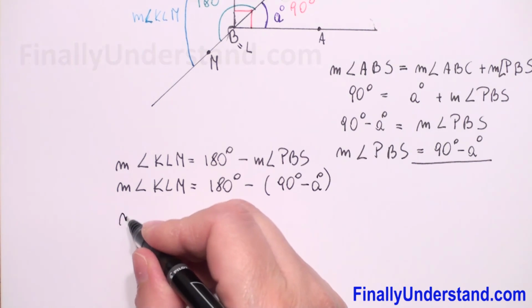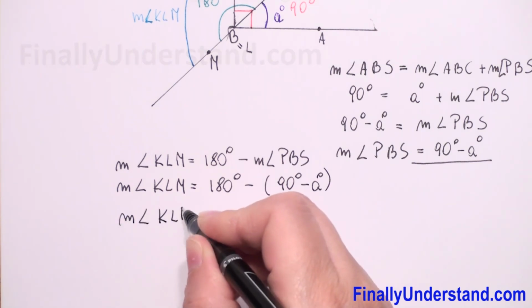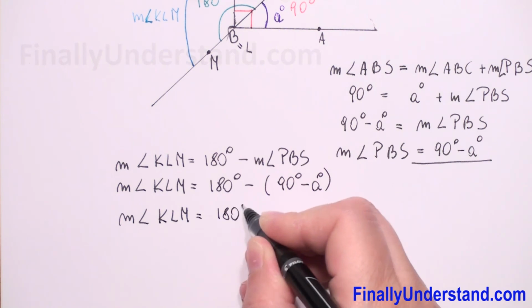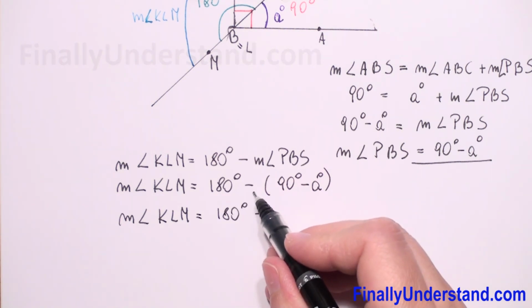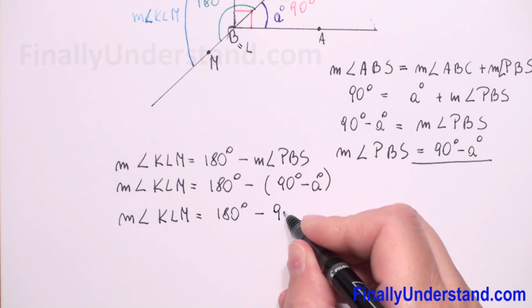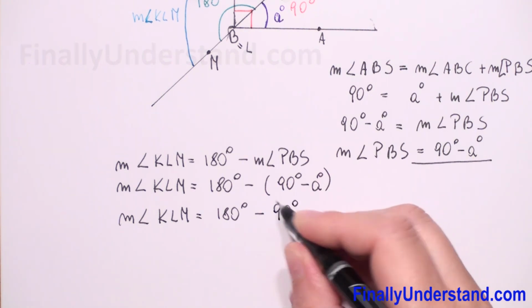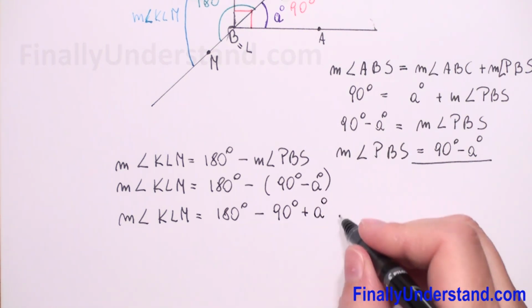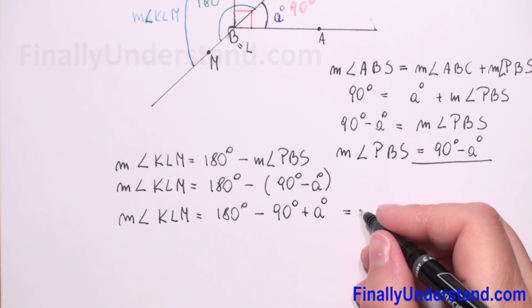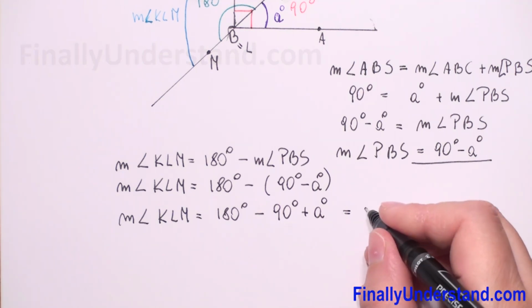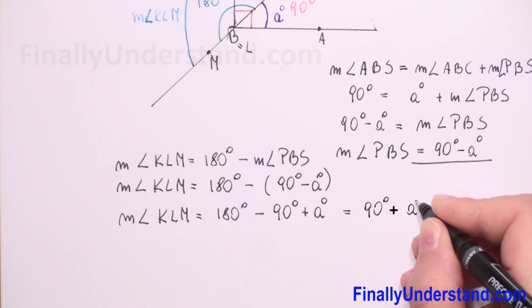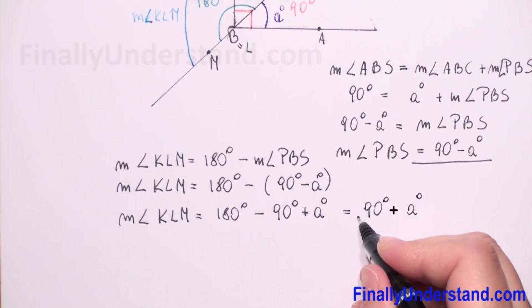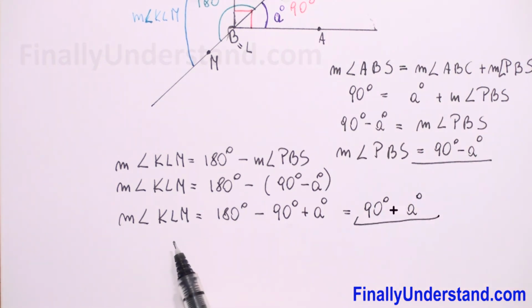So the measure of angle KLM is 180 degrees minus, with the negative sign before the parentheses we change the signs, so minus 90 degrees, and negative and negative give us plus 8 degrees. So the measure of angle KLM is 180 minus 90, which is 90 degrees, plus 8 degrees. So we found the measure of angle KLM, because 8 was given at the beginning. So this is my solution.